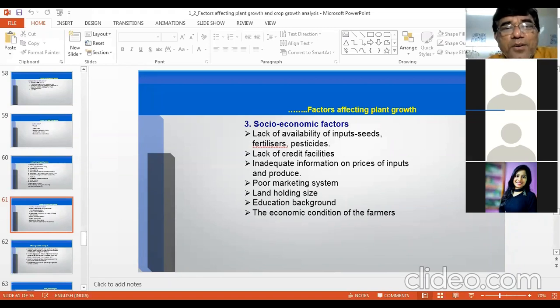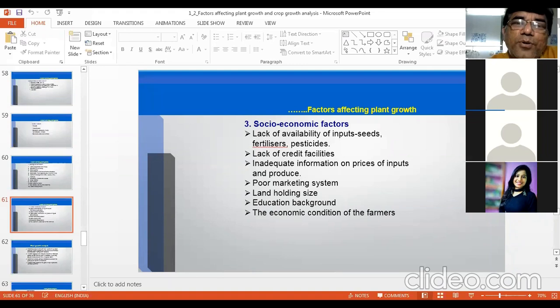Anyway, lack of credit facilities, inadequate information on prices of inputs and produce, poor marketing system, land holding size, educational background. So these are socio-economic factors. Farmers who can overcome these factors can produce a better crop. And farmers who cannot overcome these kinds of problems will not have the resources and inputs for better growth of the crop.